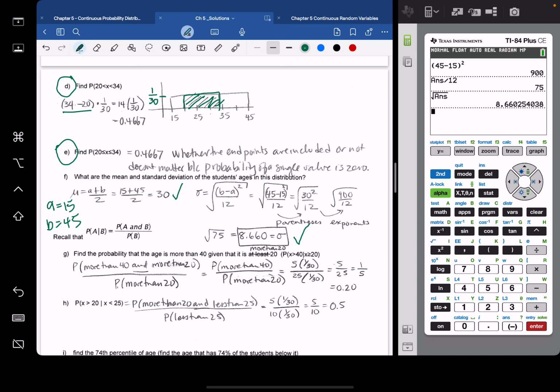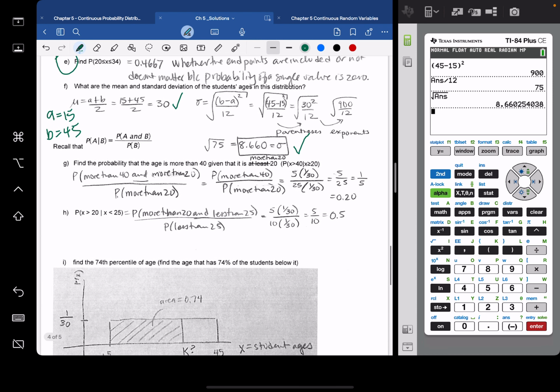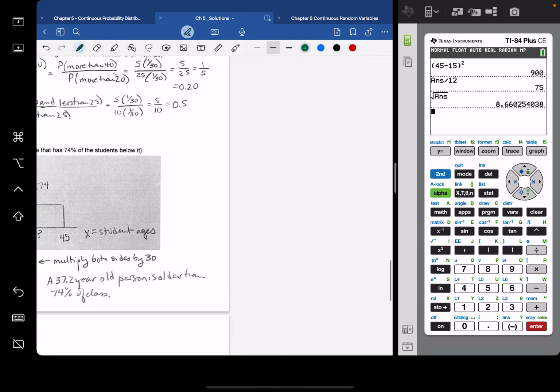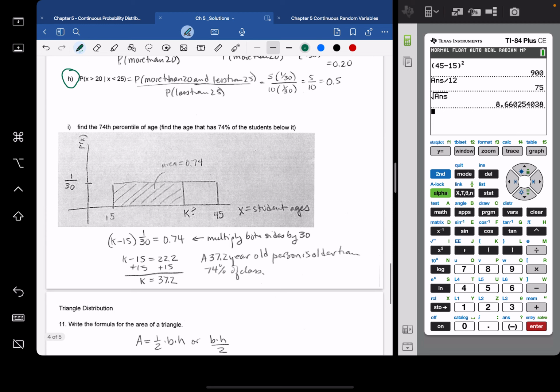And I was going to go check to see if I included any of these homework questions on your online homework, because I find them very confusing and not so useful. So I will let you know if those are on the online homework. And then this question here, find the 74th percentile of age.